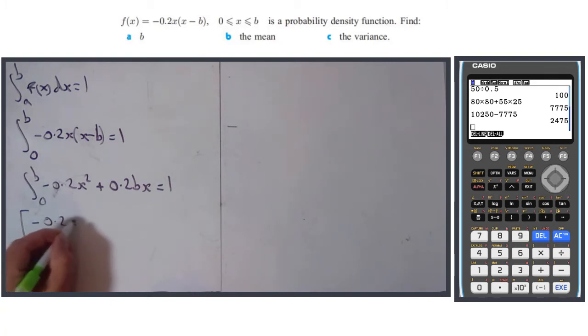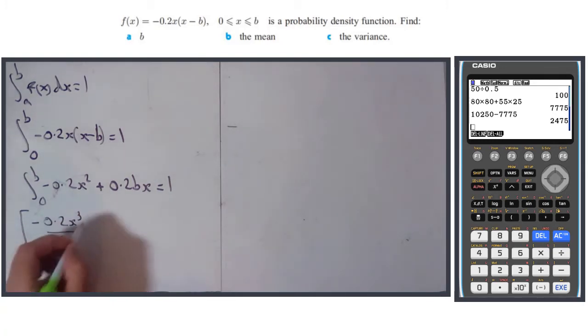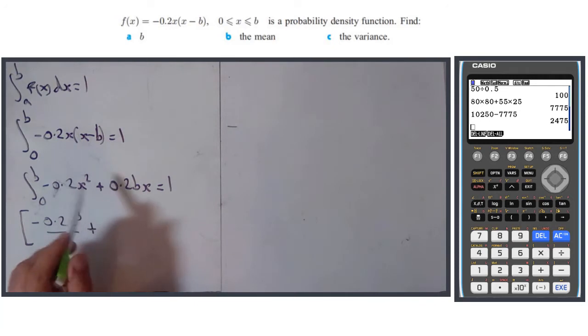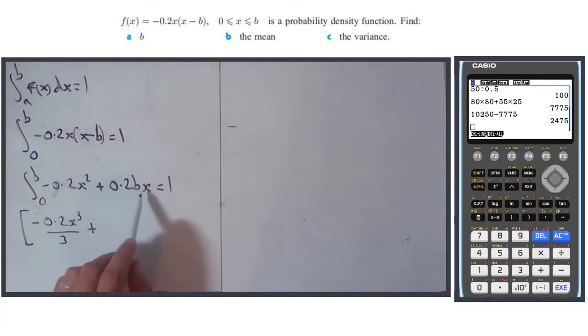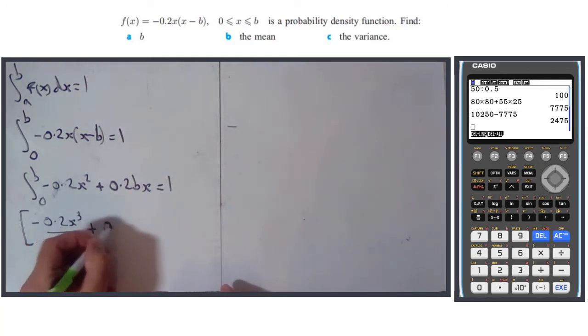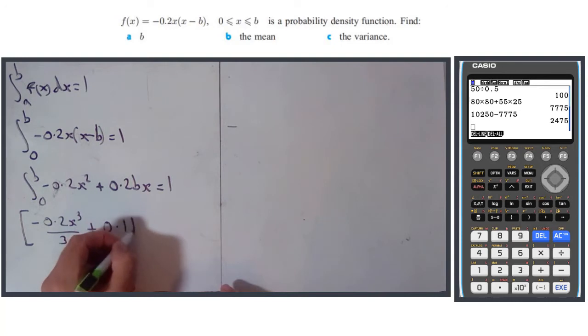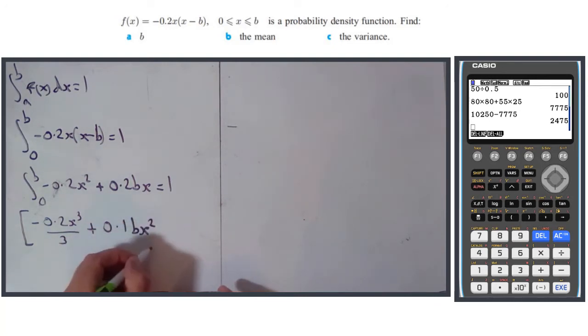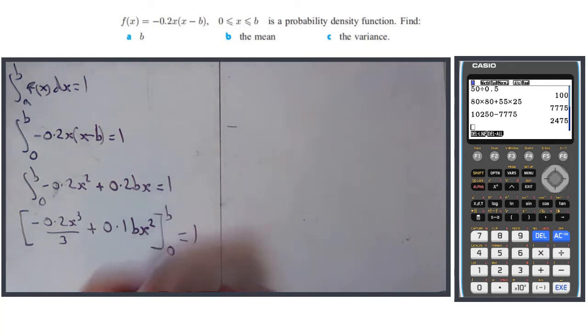Right, so the antiderivative is -0.2x cubed over 3, plus 0.2bx squared over 2, which is 0.1bx squared, evaluated between b and 0, and we know that equals 1.